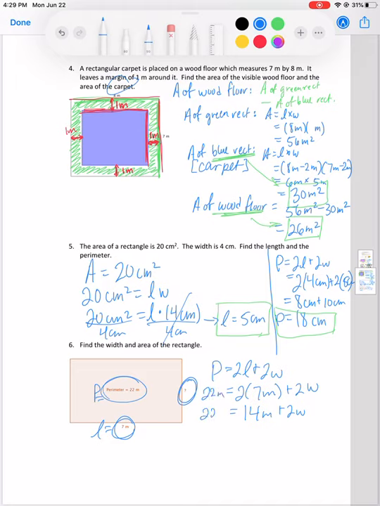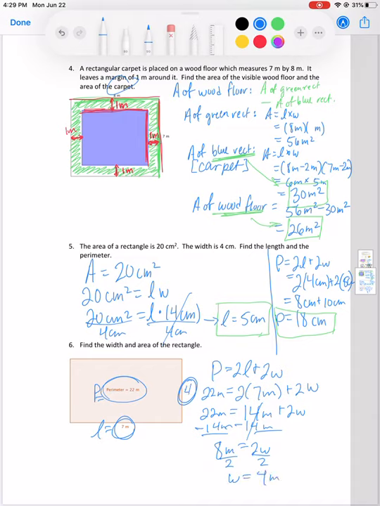So let's copy that down. I'm going to subtract 14 from both sides. And 14 minus 14 will go to 0. 22 minus 14 is 8. Equals twice the width. Divide by 2. The width is equal to 4 meters.